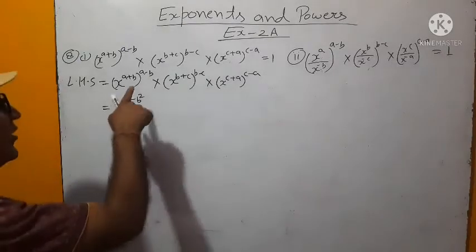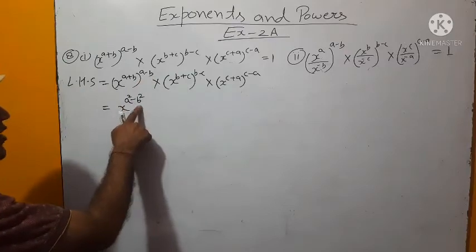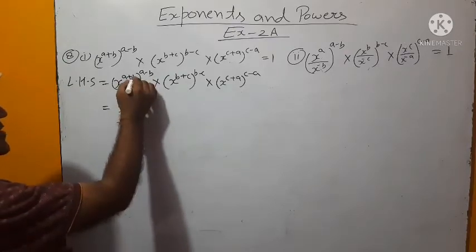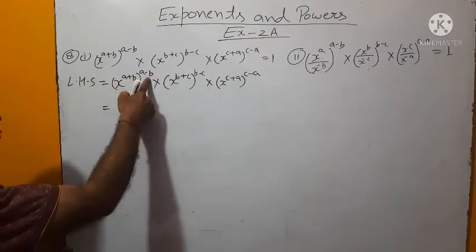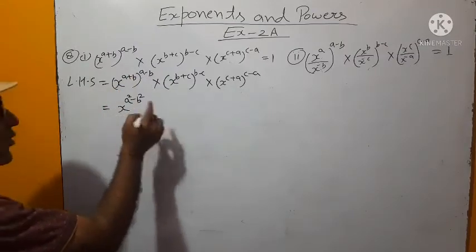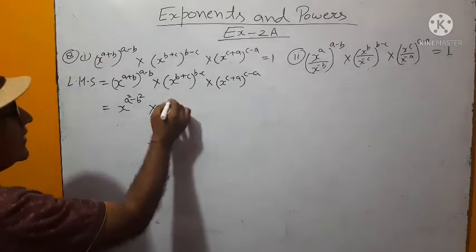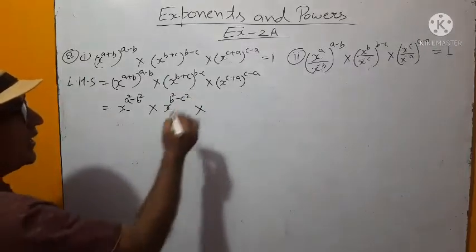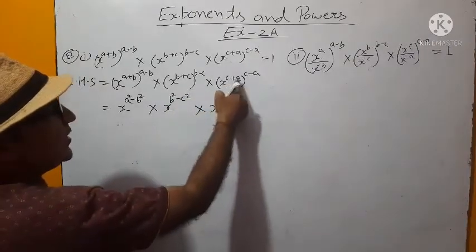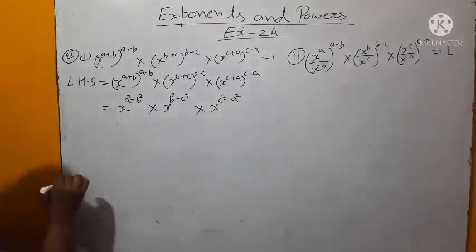Notice it carefully. (a+b) into (a-b) is equal to a square minus b square. This is an identity. Same here also, (b+c) into (b-c) will be b square minus c square. And here (c+a) into (c-a) is equal to c square minus a square.